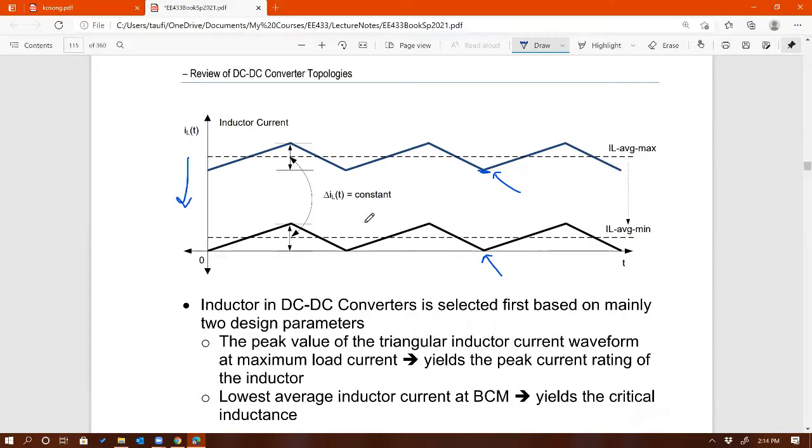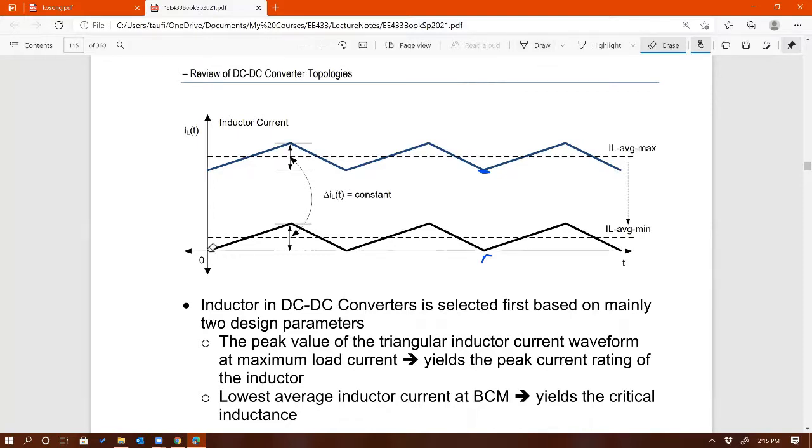And if you keep decreasing the output power, then you get the DCM mode. Okay. So it is impossible, but then it is possible for us to limit the operation of the converter such that, throughout a certain range of output current or output power, the circuit is operating in CCM mode.